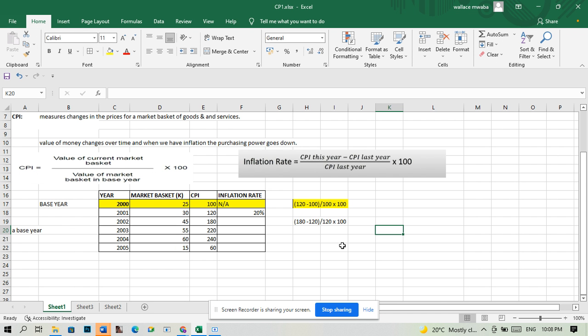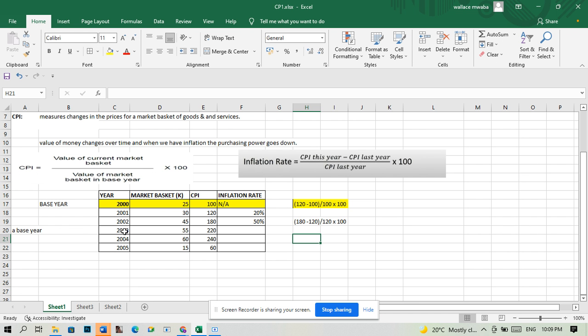So 180 minus 120, that gives us 60. 60 divided by 120, that's 0.5. 0.5 times 100, that's 50. So there's been a 50% price increment.